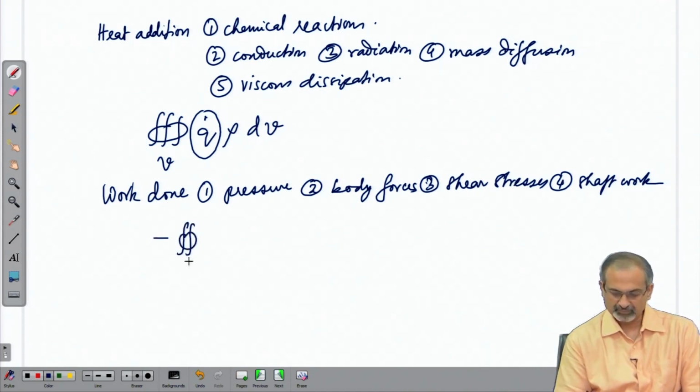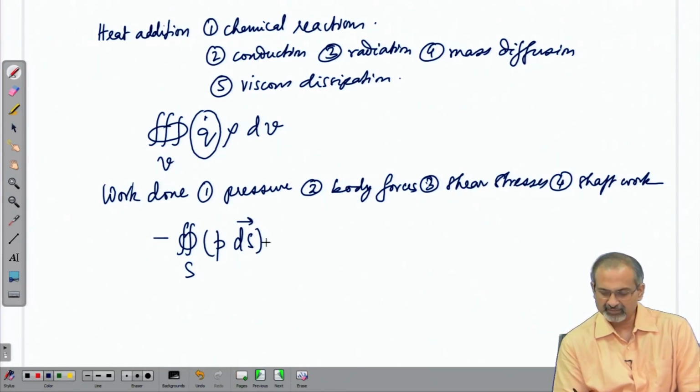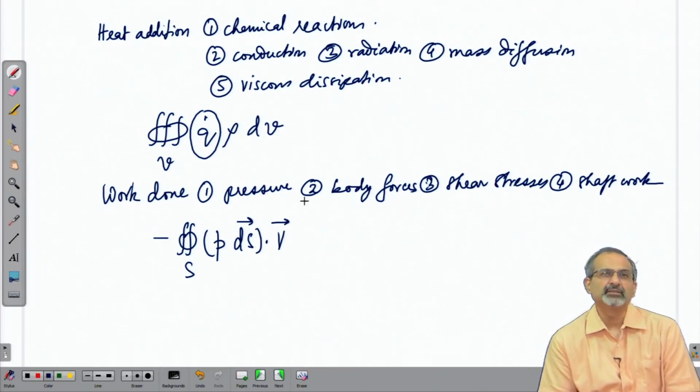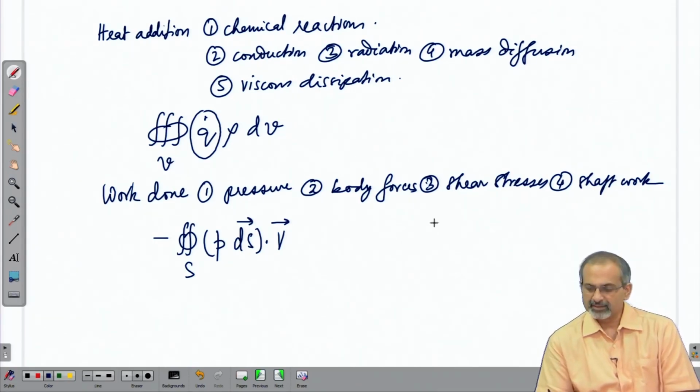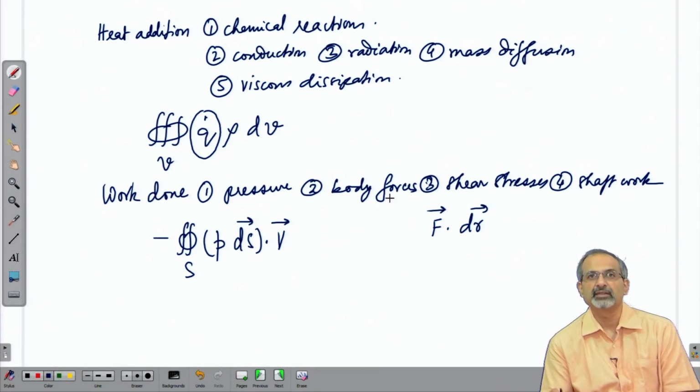So, when it comes to pressure, this is the force it generates, and when it comes to using it in this equation, the basic idea is that we are talking about a force which is acting over a certain fluid causing its displacement. If it was just work done, then one would have done a dot product between the force and the displacement that it creates. So, let this be the displacement, then that dot product would have given you the work, but here it is a time rate that is involved.